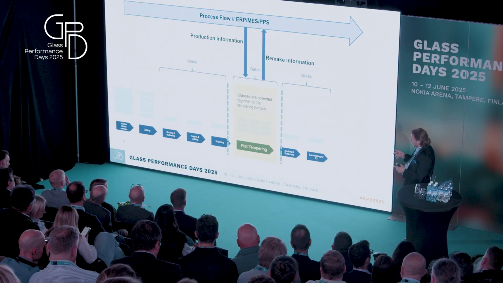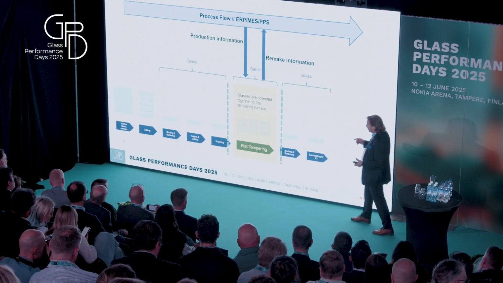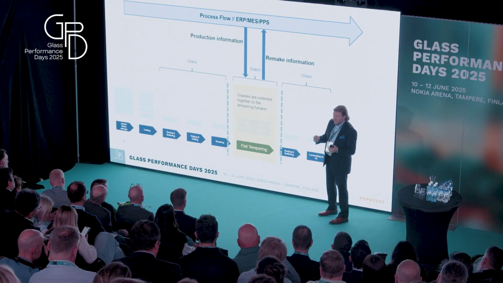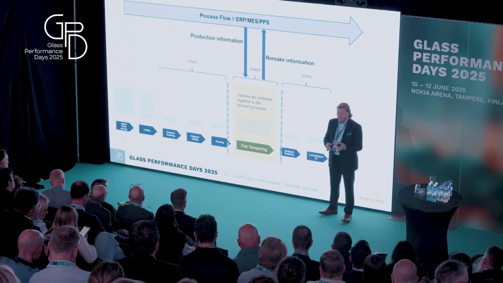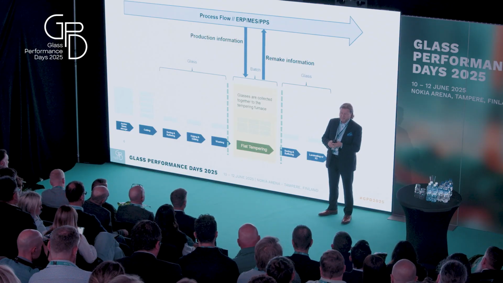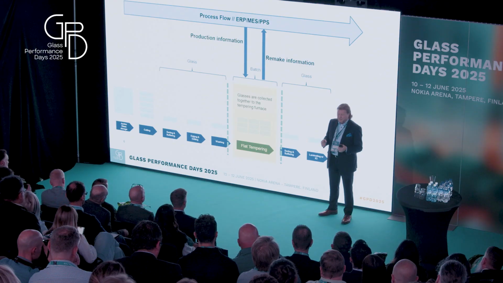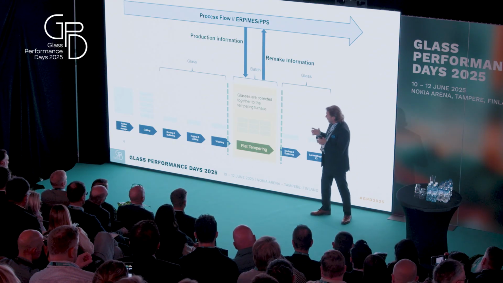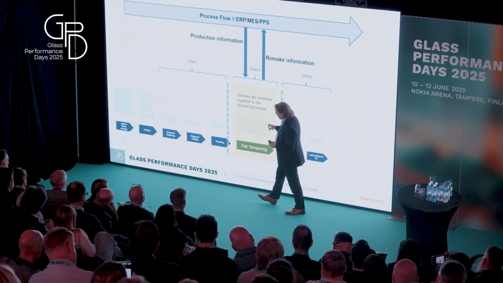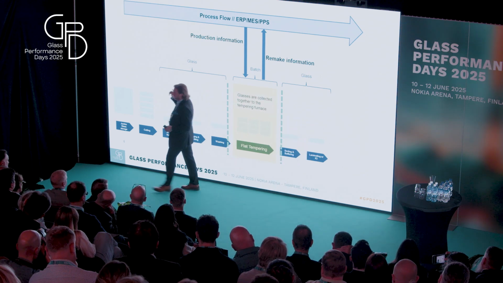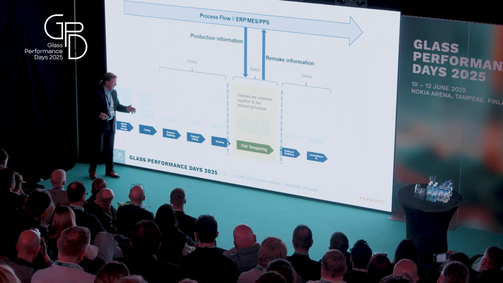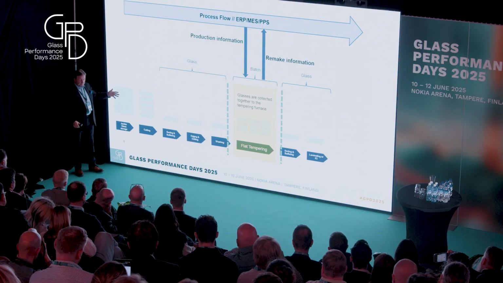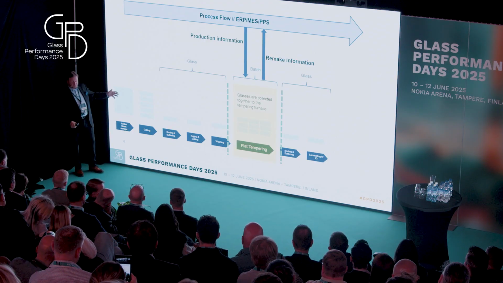But why has this not been done earlier? It is, I have to say, rather challenging. I've been around for more than 30 years and I've seen some simple automation, but it has not been possible to have mixed production automation or batch optimization. And the characteristic of the process is that during the cutting, glass is optimized.